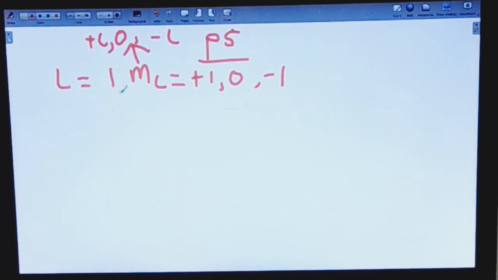Since the L is 1, we begin from +1 and end with -1. Then the spin quantum number. Every electron can spin upwards, which we represent by +1/2, or can spin downwards, which we represent by -1/2.